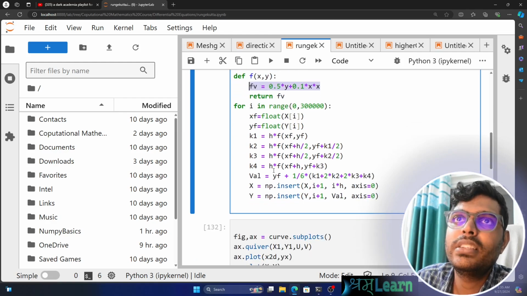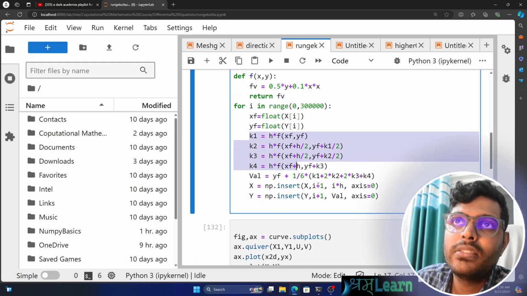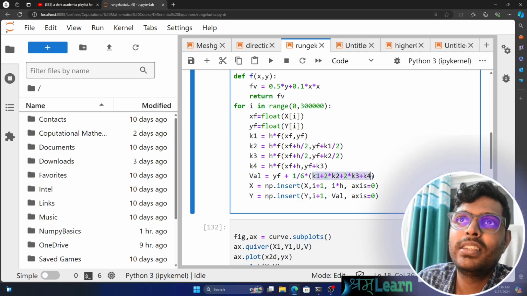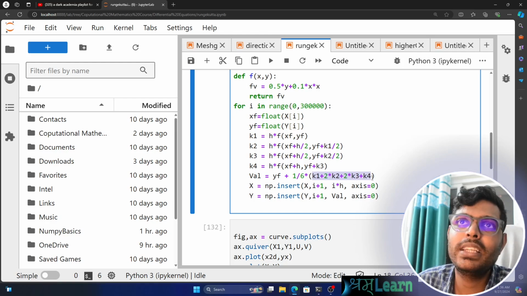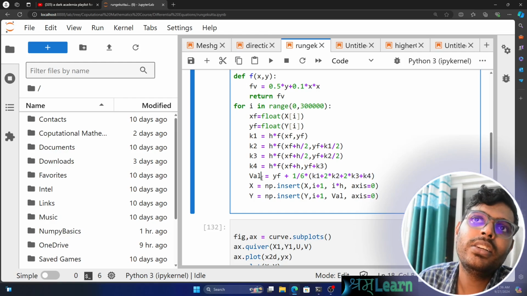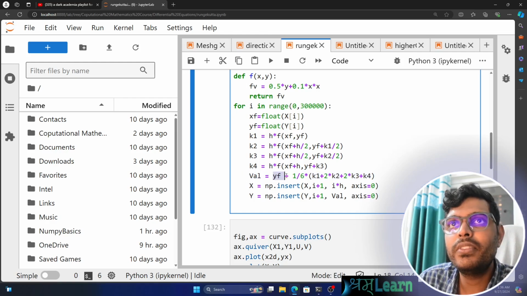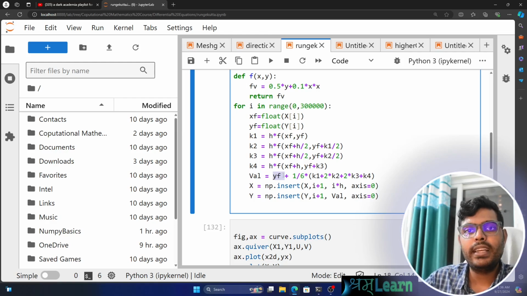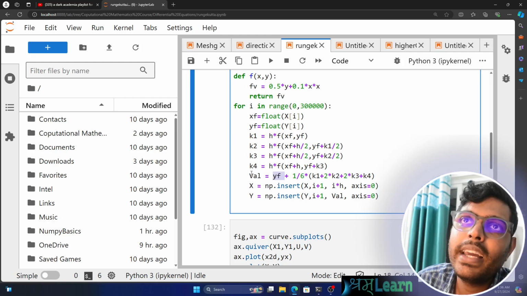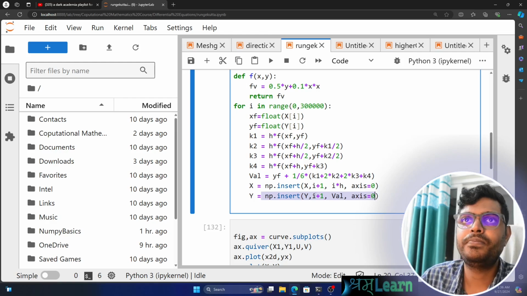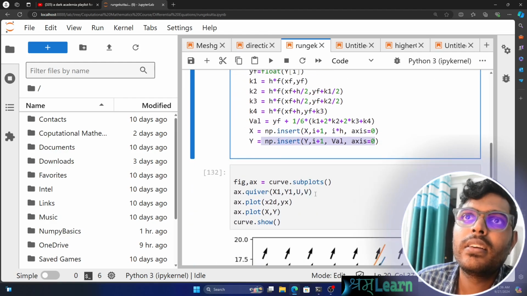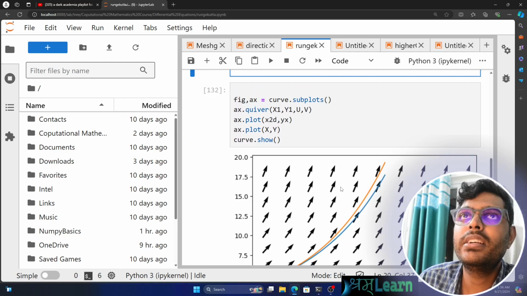So this is that function, and we take the average of that, 1 by 6 times k1 plus 2 times k2 plus 2 times k3 plus k4, and we find the new y value which depends on the existing y value, the yn plus 1. This is the yn plus 1 term. We insert that yn plus 1 term into the array, and then we have the curve.